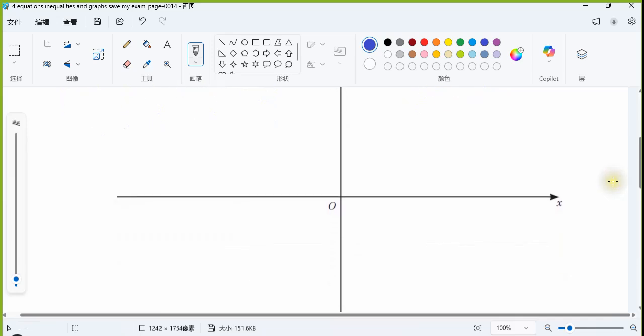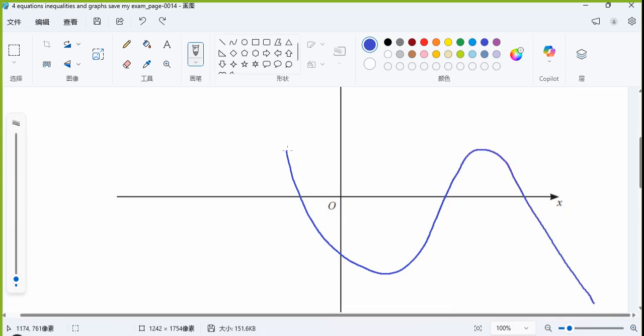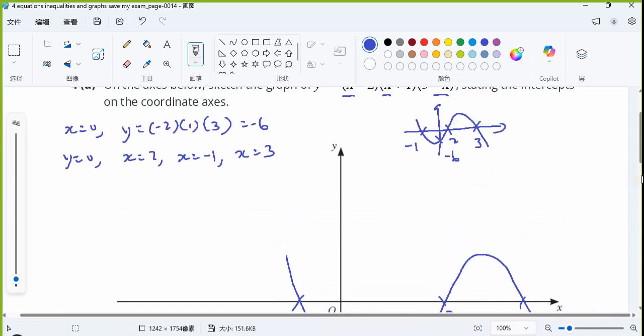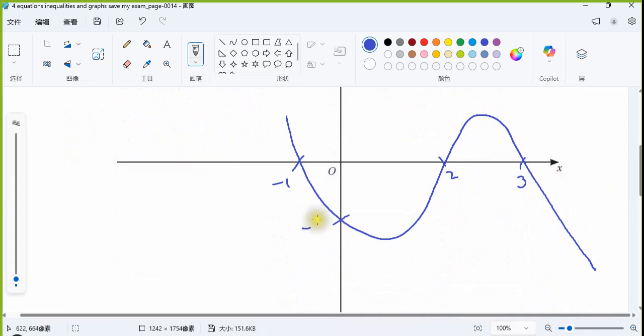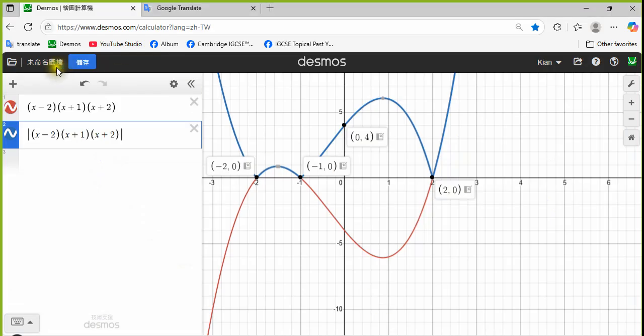So we have something like this and this. So negative 1, 2, 3. The y-intercept is negative 6. Okay, so we check the answer using Desmos.